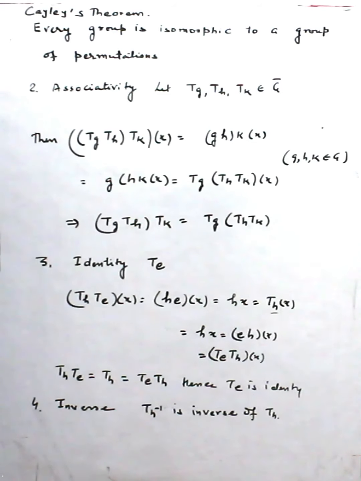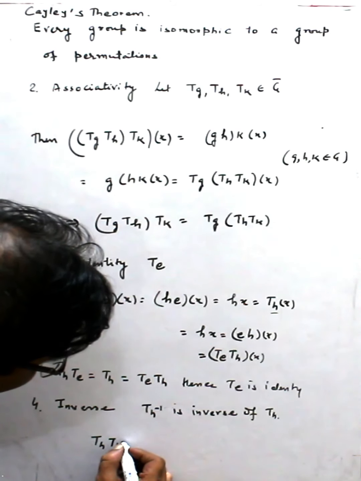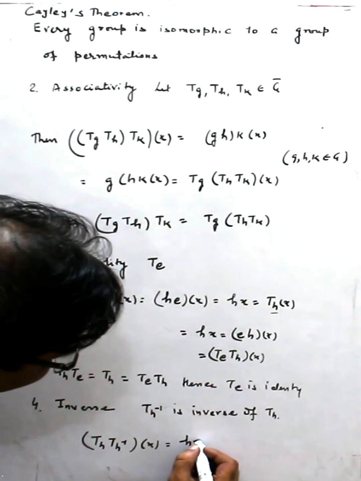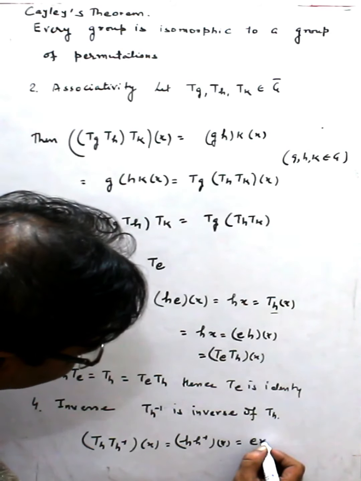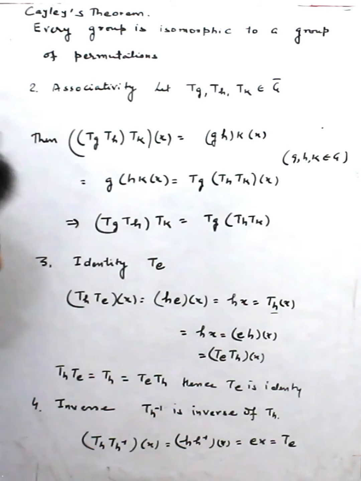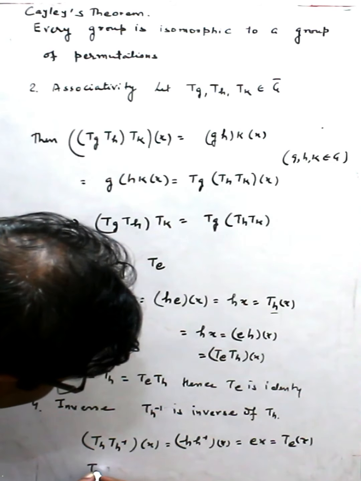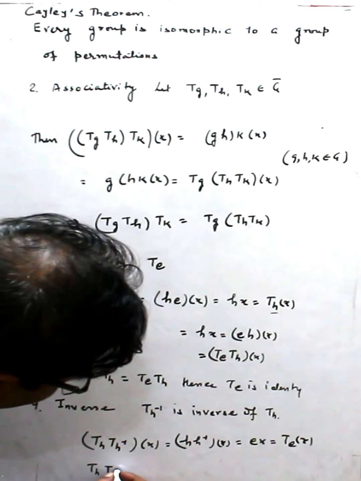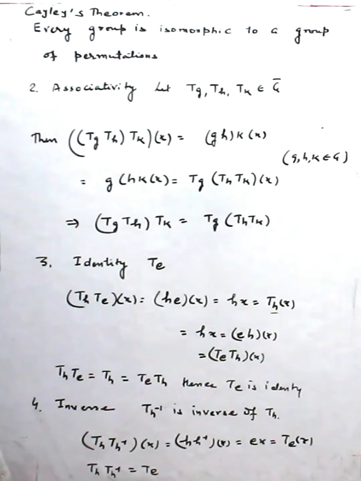If you want to prove, it is very simple, because Th inverse applied gives h inverse x, this becomes e x, this becomes Te x, and Th inverse Th is equal to Te. From the right side also we can show it on the same pattern.